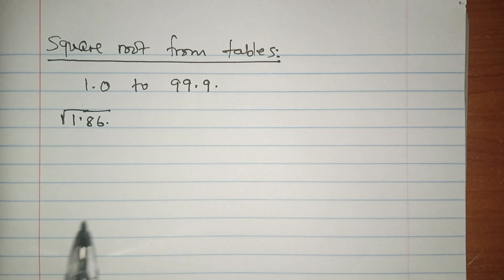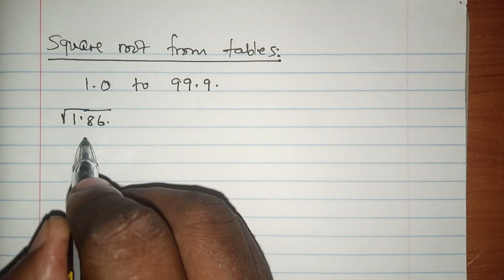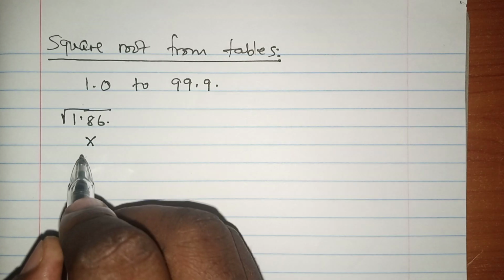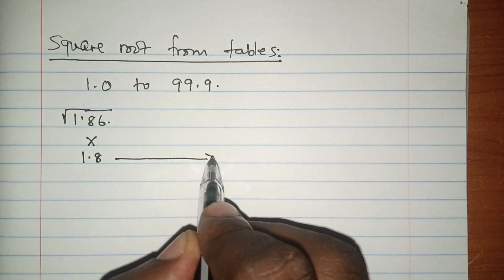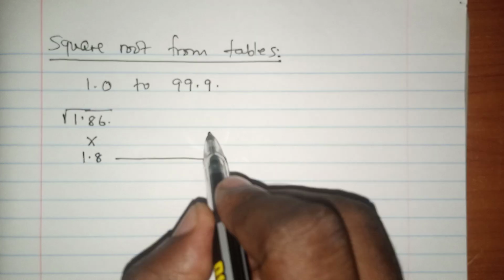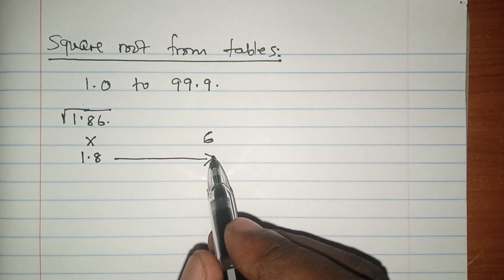To read the square root of 1.86, look for 1.8 in the column headed X. There's a column in that table headed X. You will look for 1.8, and then you will walk to the right along that row until you meet a column headed 6.